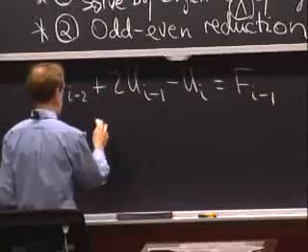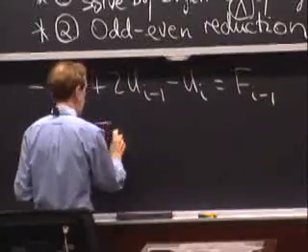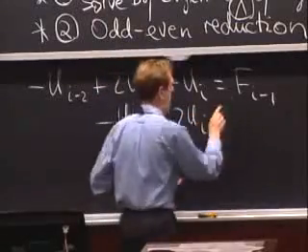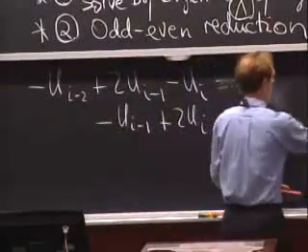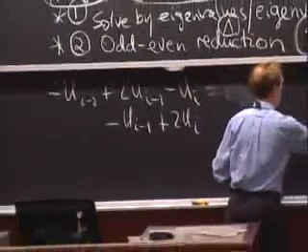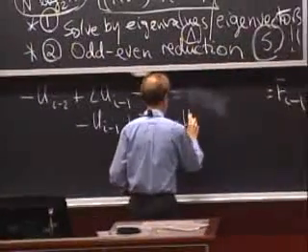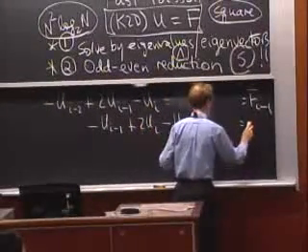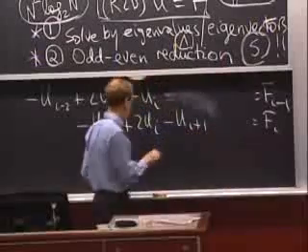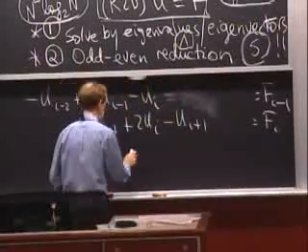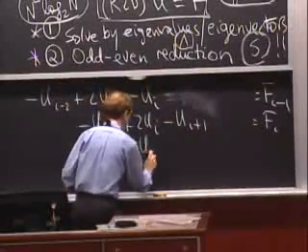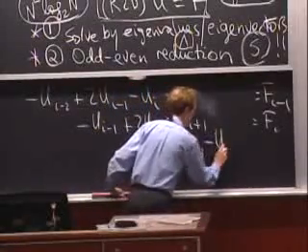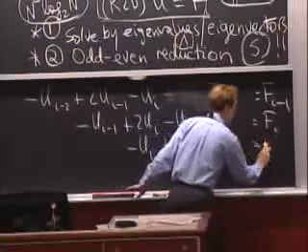And then the next one will be minus u_{i-1} plus 2u_i minus u_{i+1}. That will be f_i, right? That's equation number i. And now the next equation: minus u_i plus 2u_{i+1} minus u_{i+2} is f_{i+1}.